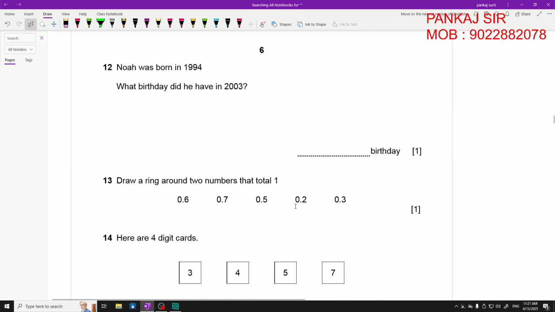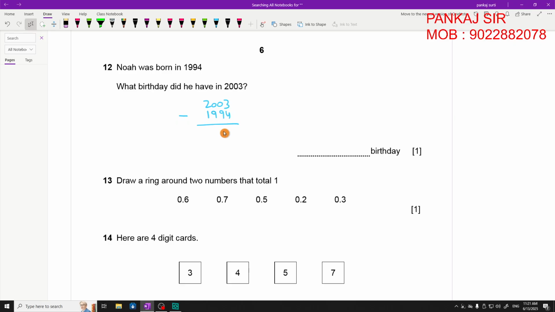Next question. Noah was born in 1994. What birthday did he have in 2003? So if you want to calculate which birthday a person is going to celebrate, you just have to subtract. Take the year you want to see his birthday falling in, so 2003, and from that you subtract the year of birth. In this case it is 1994, right?